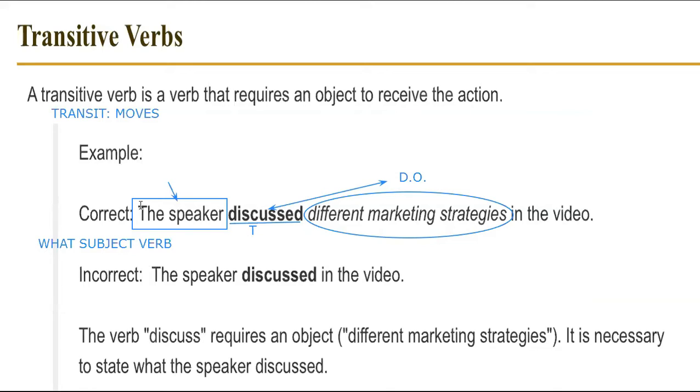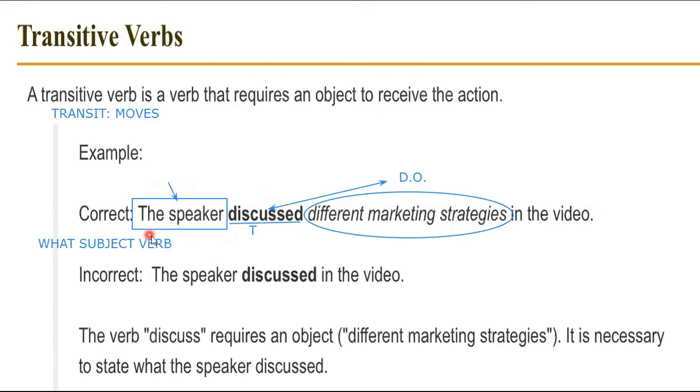Okay. I only have to identify the subject and if the verb is transitive or intransitive. When is a verb transitive? When we have a direct object. How can we discover if a sentence has a direct object? With this question: what plus the subject plus the verb. Which is the subject in this sentence? The speaker. And the verb?